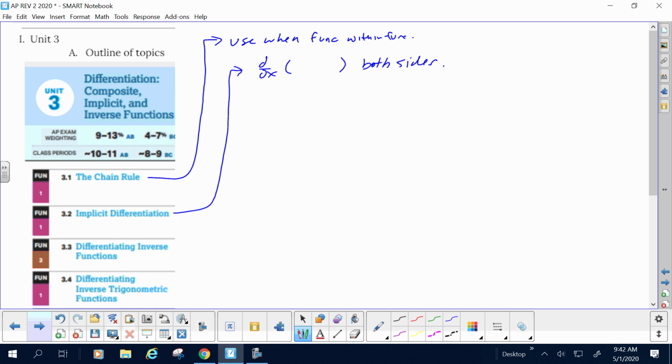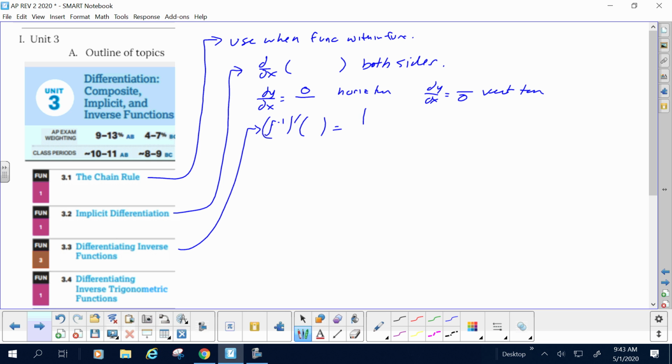And remember that if you get an implicit derivative, 0 on the top is a horizontal tangent, 0 on the bottom is a vertical tangent. Differentiating inverse functions: the idea is the derivative of the inverse is 1 over the normal derivative at the inverse point.